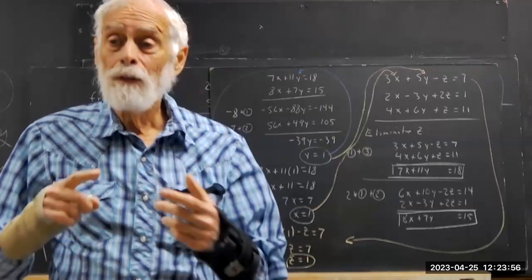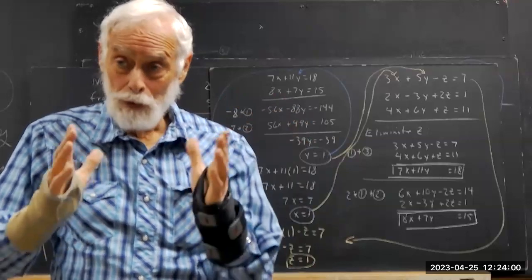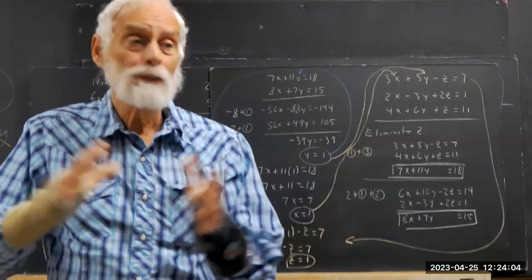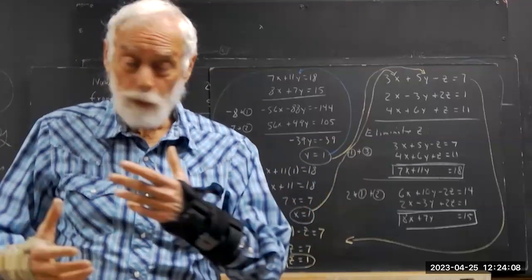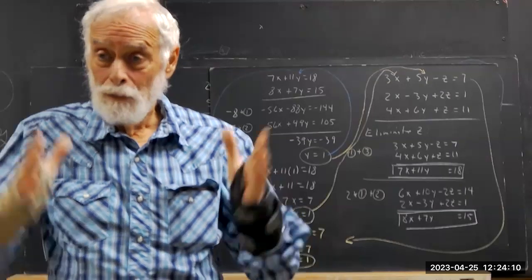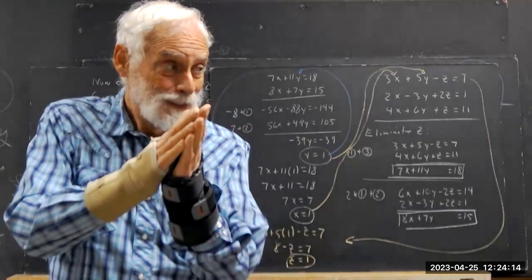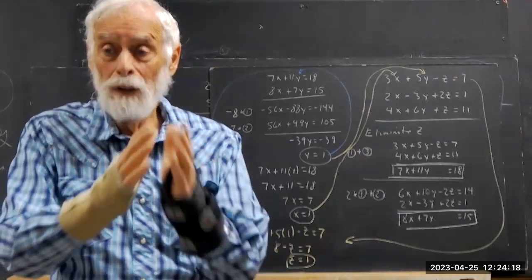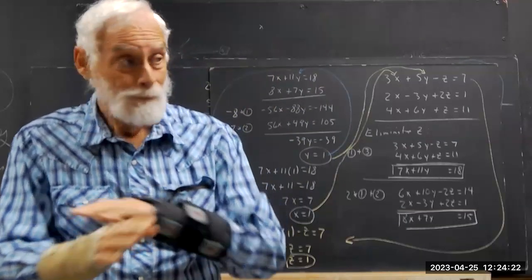Okay, but if it happens to be parallel to one of the other two, well, if two of the planes are parallel and not intersecting, then there's not going to be any point where all three planes meet. Now, if one of the planes is on top of one of the others, then you could have a whole line of intersection between those common planes and a third plane.